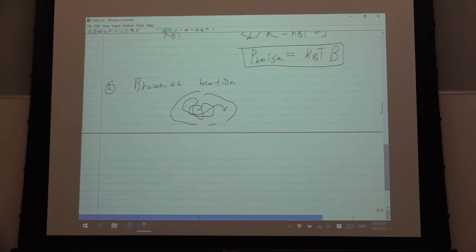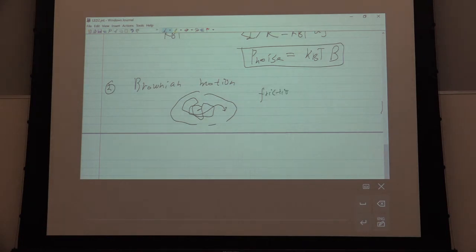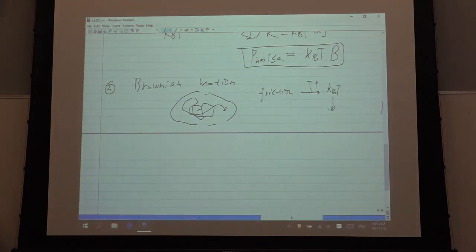Because this friction produces heat, increases the temperature, and the kBT also increases the kinetic energy. So this is also the fluctuation dissipation theorem. The friction force makes the movement of this particle slower and slower, but the temperature also increases the kinetic energy of this molecule.